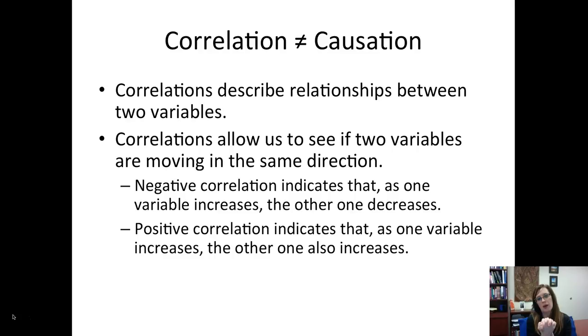And with positive correlation, we know that as one variable increases, the other one also increases. So relationship satisfaction and sexual satisfaction are ones that we probably would predict have a positive correlation. As one increases, so does the other.